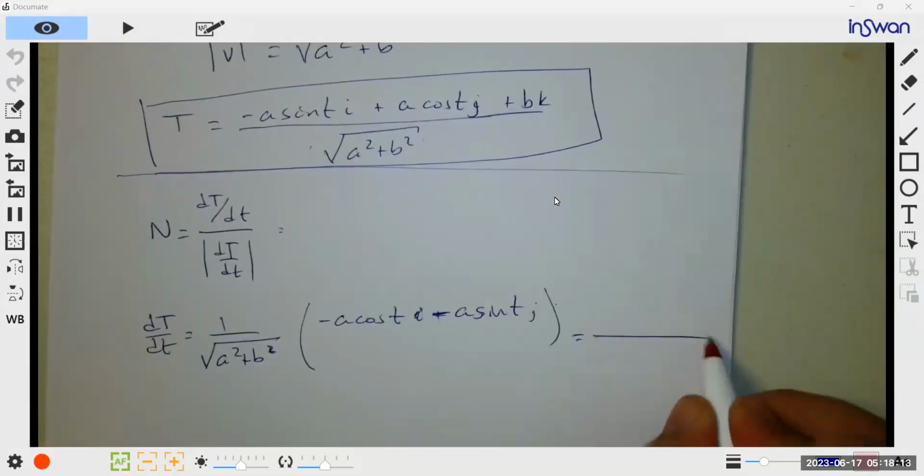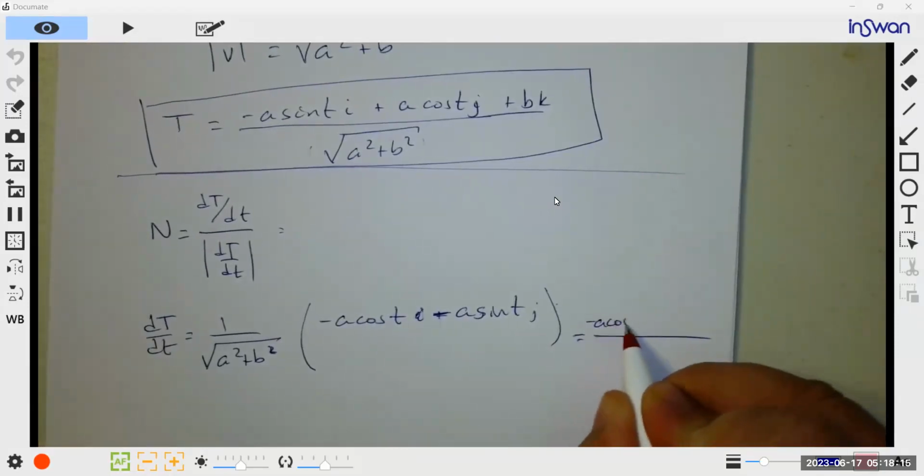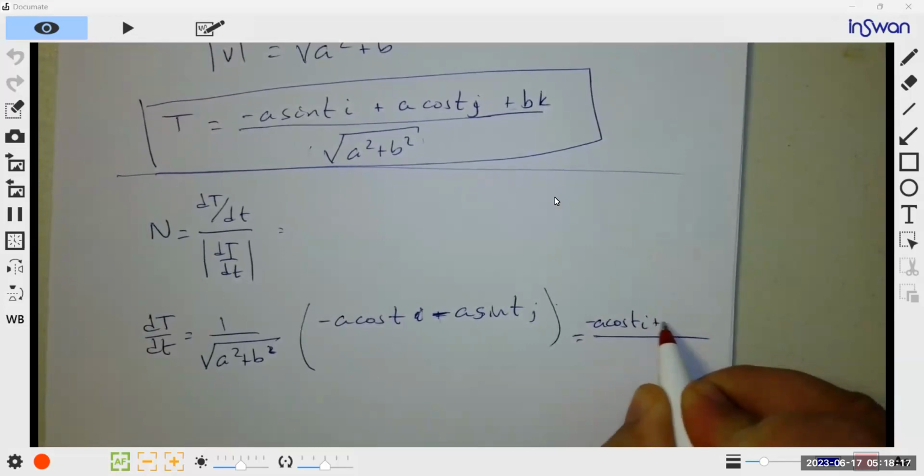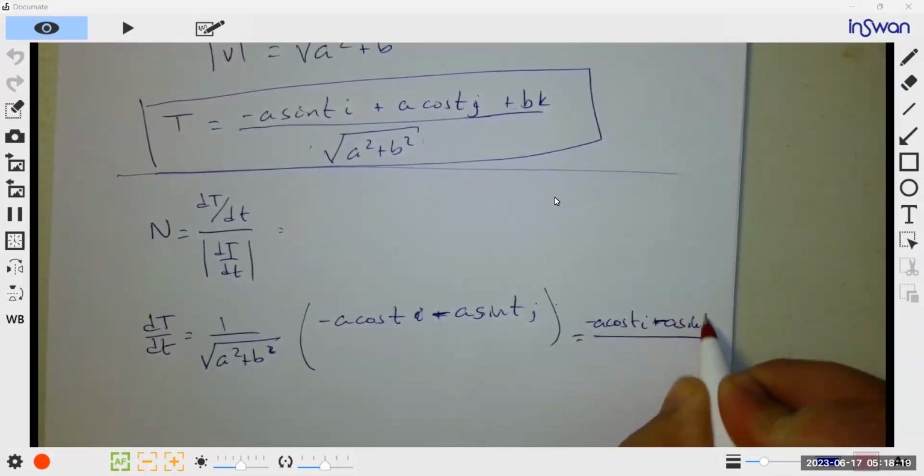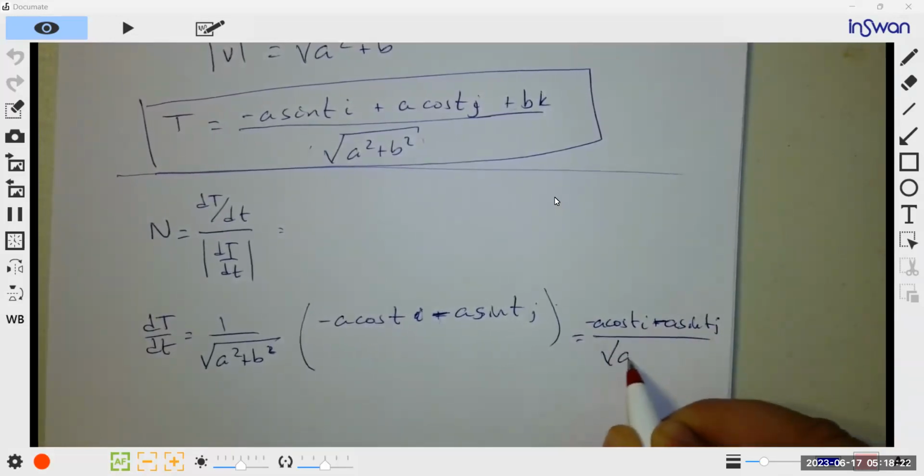So it's negative a cosine t i minus a sine t j over the radical a squared plus b squared.